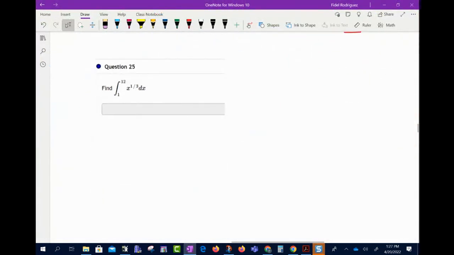Okay, so first thing we're going to do, y'all, we're looking for the antiderivative of x to the 1/3. So remember, the power rule says we're going to add 1 to our exponent. So I have 1/3. I'm going to add another 1. So wouldn't that be 1/3 plus 3/3? Right? Because I can think of 1 as 3/3.